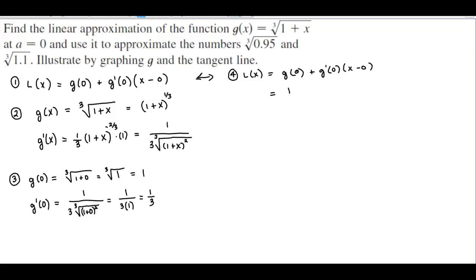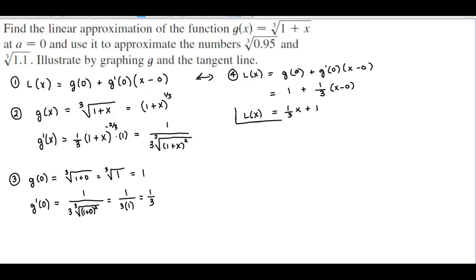We know g of 0 is going to be 1, plus g prime of 0 is 1/3 times x minus 0. And therefore L of x is going to be 1/3 x plus 1. So there's the linearization.